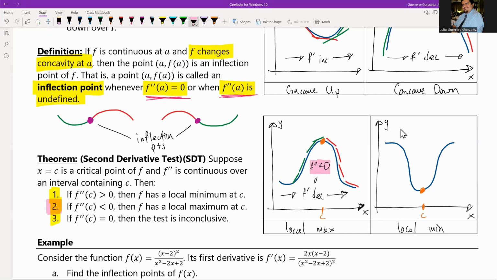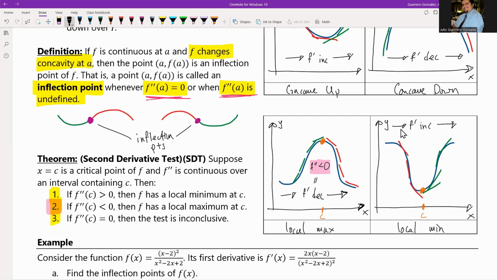Likewise, for the local min, notice what happens before. Before, these slopes are all negative, and then afterwards, they're positive. So F prime is increasing.